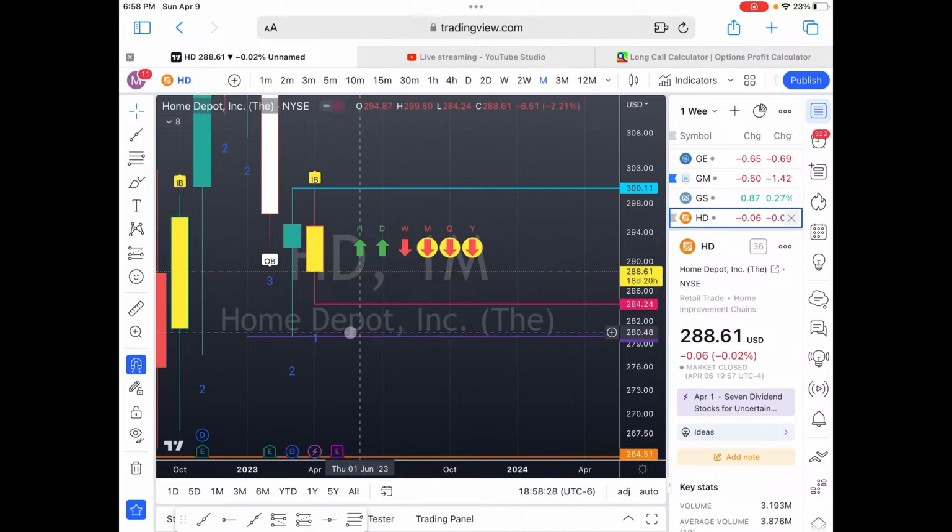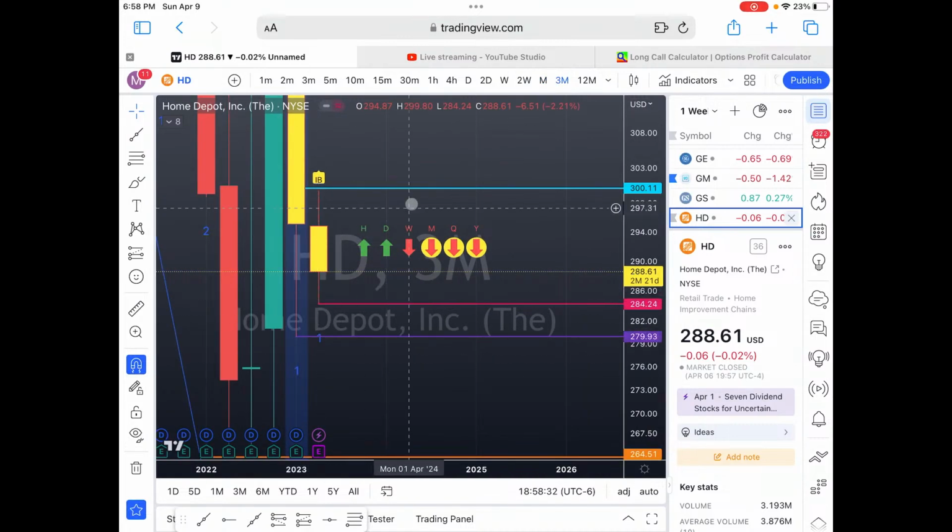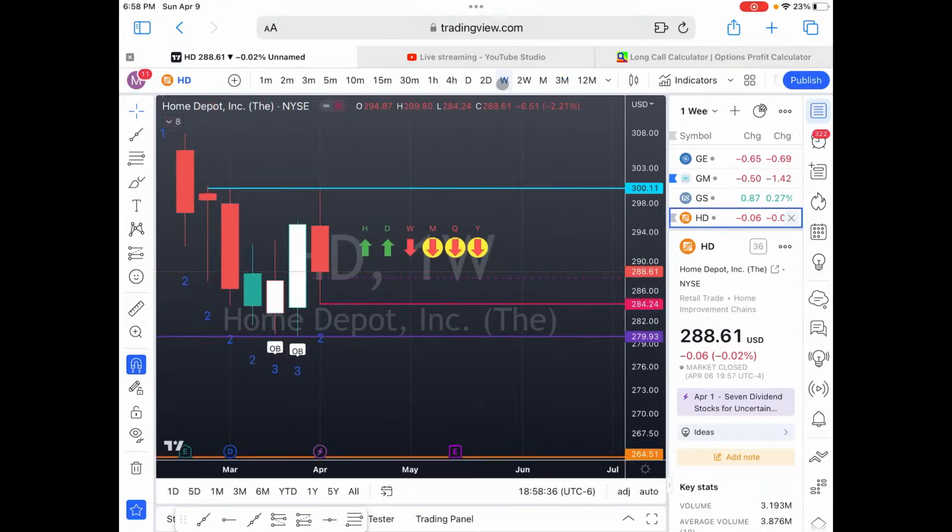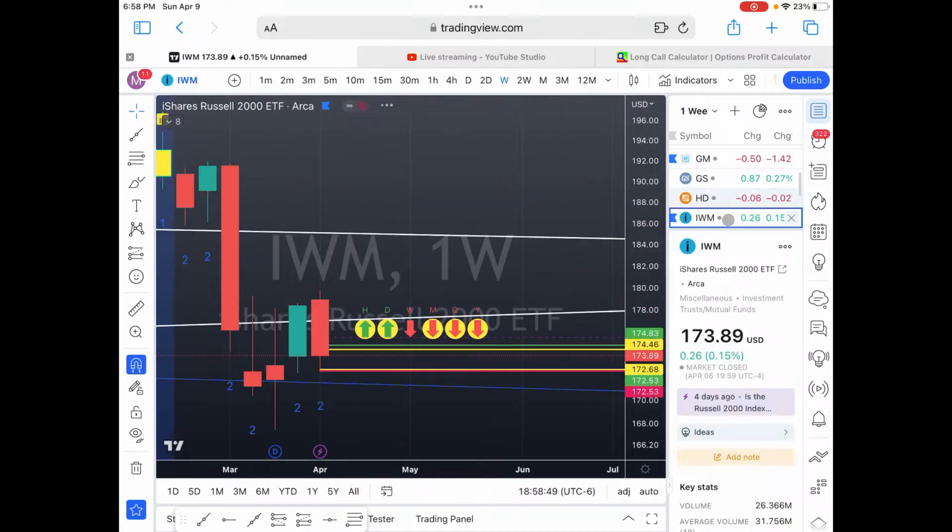Also looking to, if we go to the quarterly, looking to go 2 down on the quarterly as well. So again, there's that domino effect that we were talking about. 2 down on the week would lead to a 2 down on the month, would also lead to a 2 down on the quarterly. So Home Depot is a setup there to pay attention to.